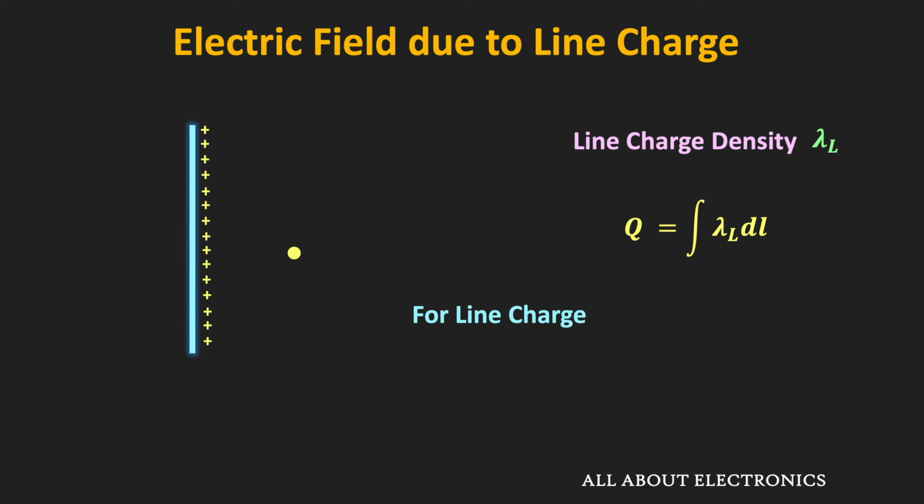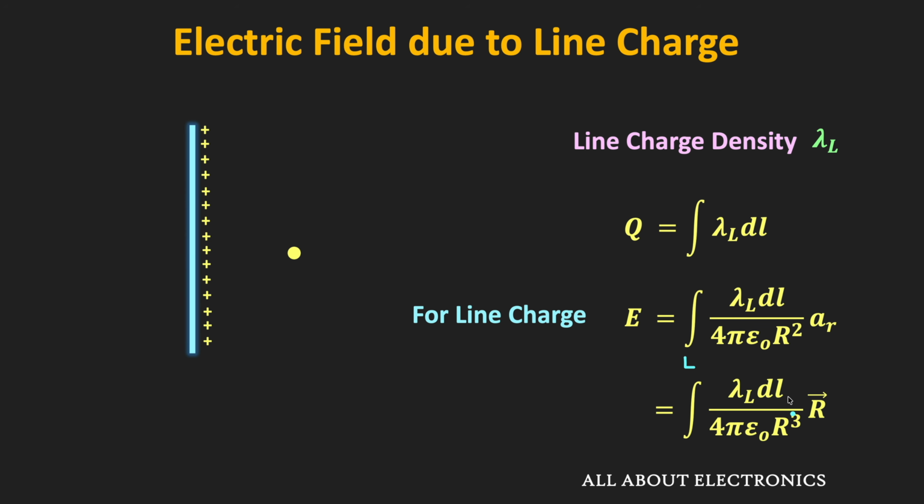Similarly, if we have a line charge, then from the expression of Q, we can say that the electric field intensity E is equal to the line integral of lambda L times dl divided by 4 pi epsilon naught r square times AR. Or further, it can be written in terms of the vector R divided by its magnitude, because the unit vector AR is equal to the vector R divided by its magnitude.